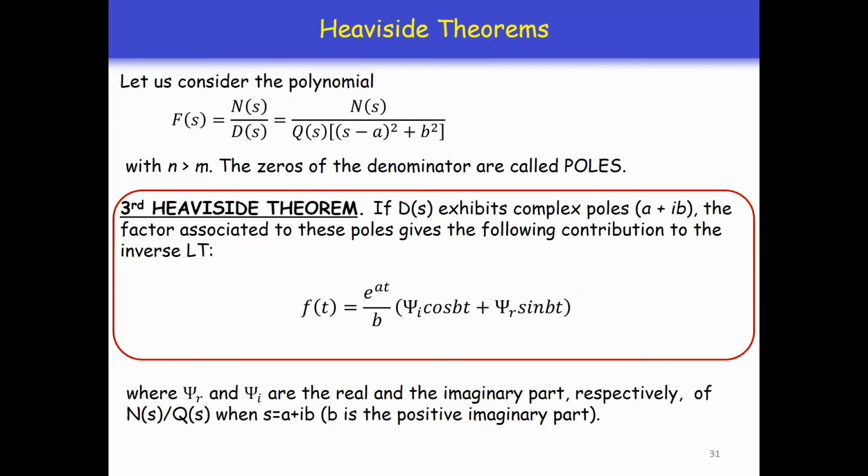So far, we have seen just real poles showing up just one time, or real poles repeated with the multiplicity q. What if the poles are complex numbers, a plus minus ib?